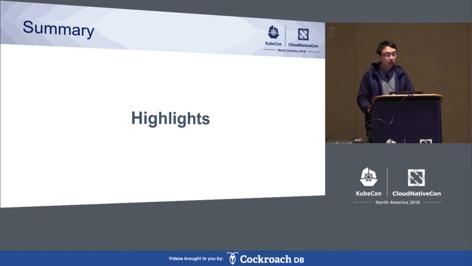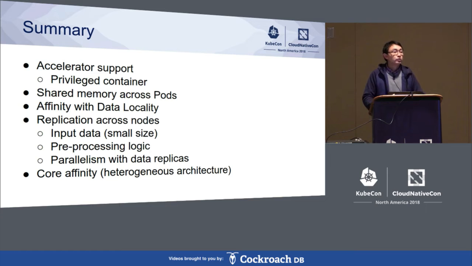All right, I've covered all the things I want to share with you. I'd like to quickly revisit them before we wrap up for the questions. First, we want to support the Movidius compute stick on Kubernetes, so we use a privileged container with host network namespace.